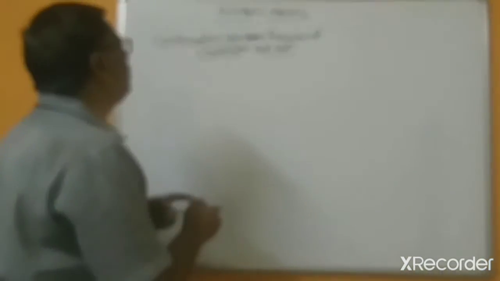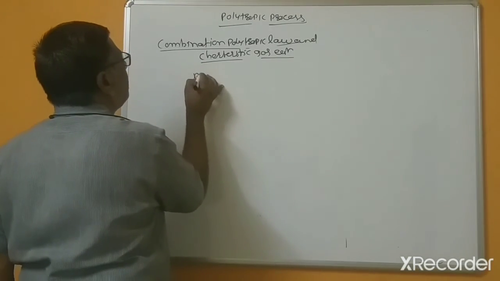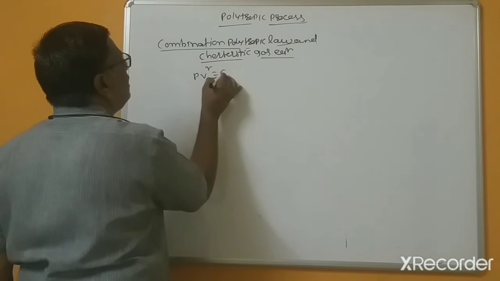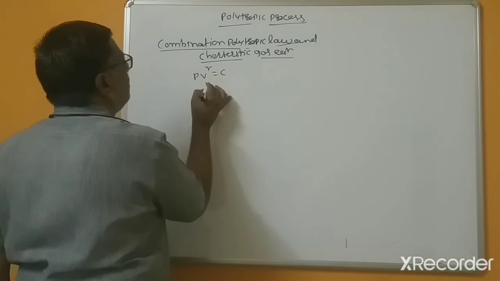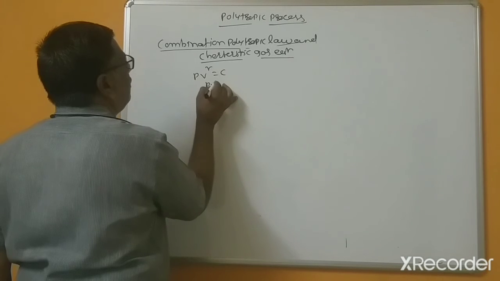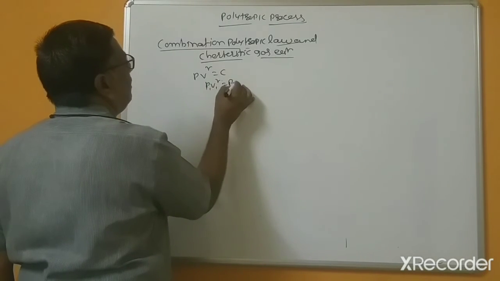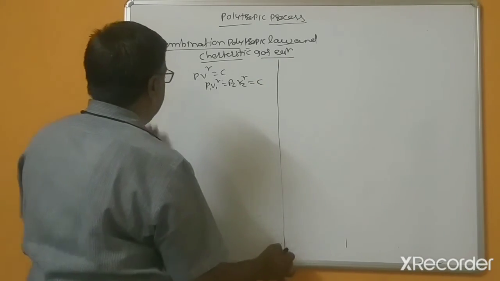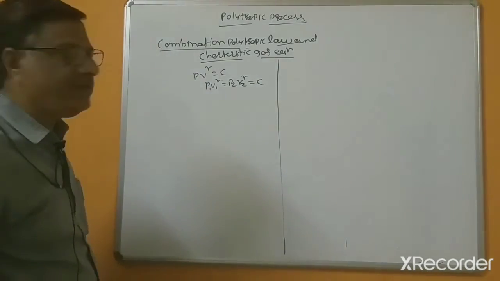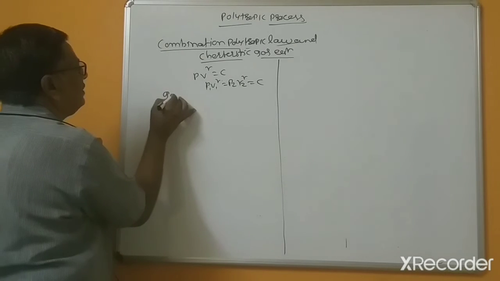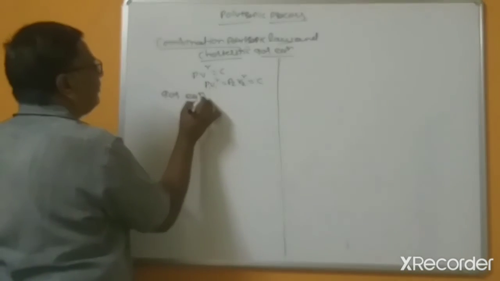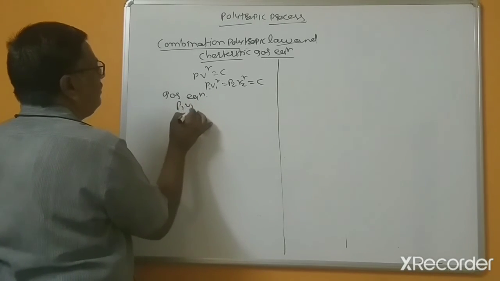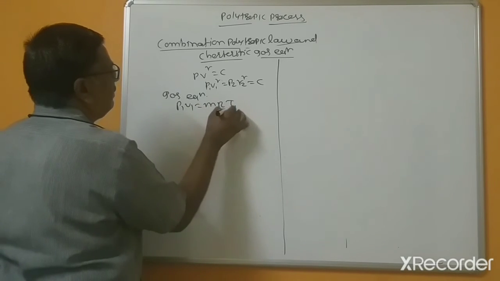So according to the polytropic law, PV raised to gamma equal to C, or P1 V1 raised to gamma, P2 V2 raised to gamma equal to C. And gas equation, what is gas equation? P1 V1 equal to m R T1.